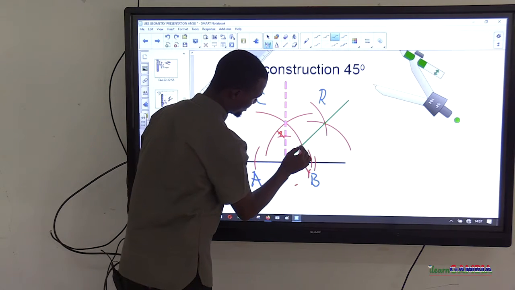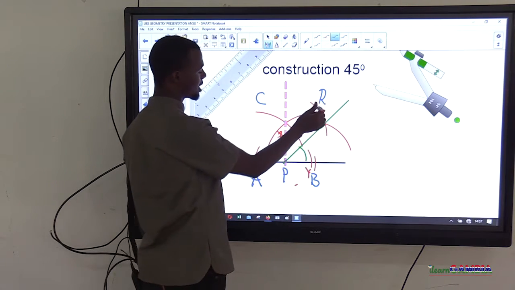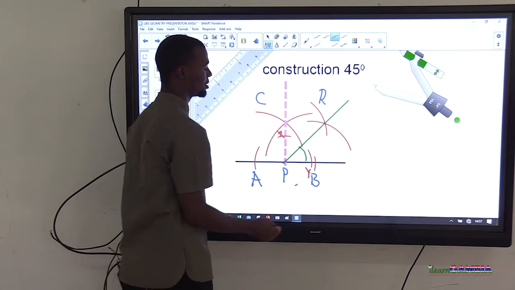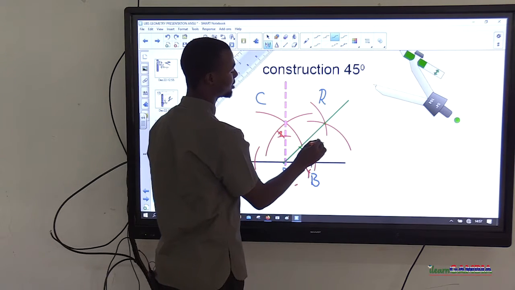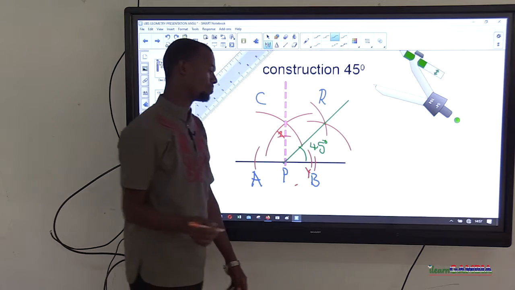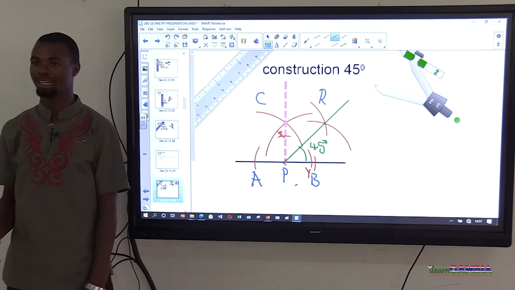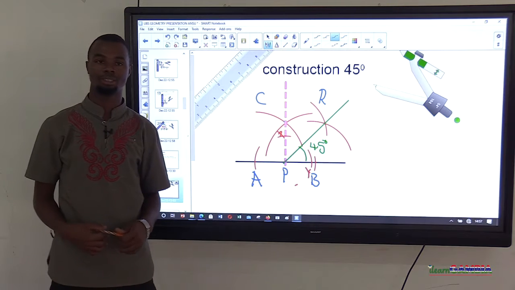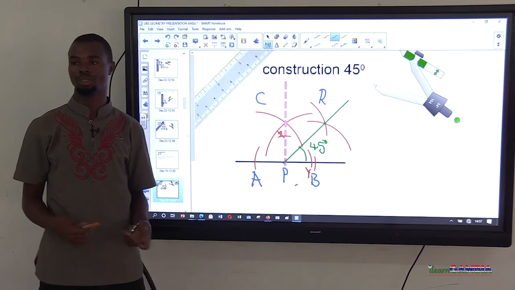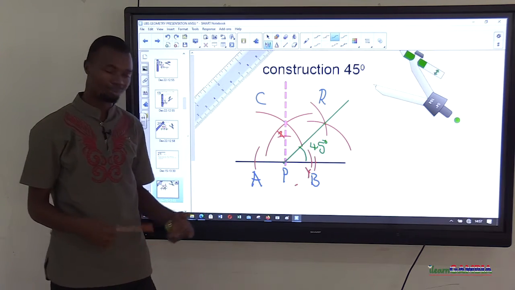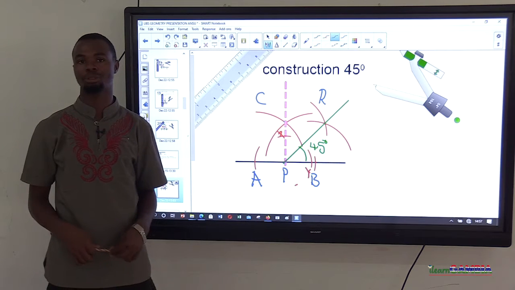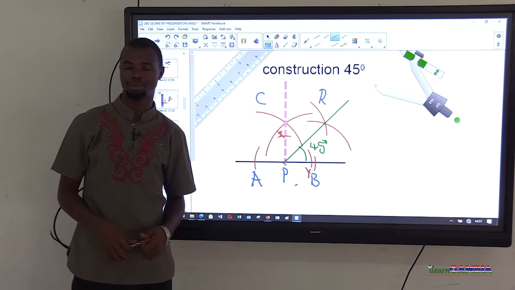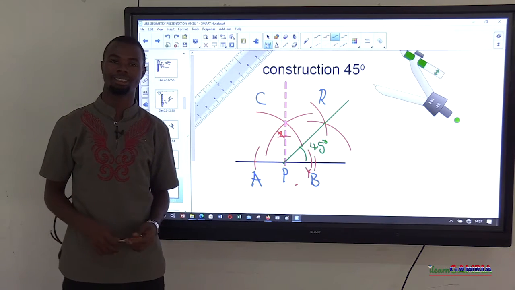This angle we have here, RPB, is equal to 45 degrees. I don't need to explain this much because you already learned how to bisect angles. So to construct 45, you just need to bisect 90 degrees.